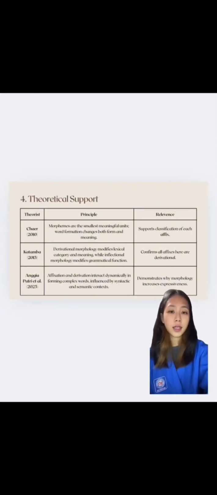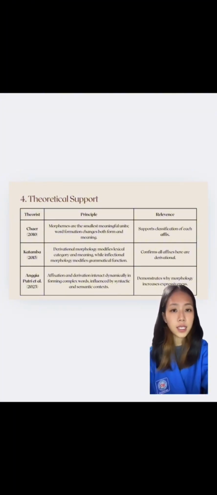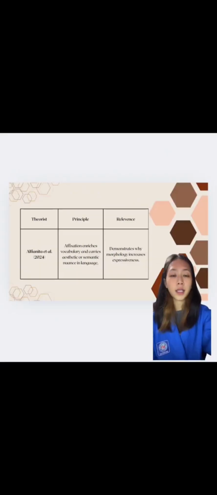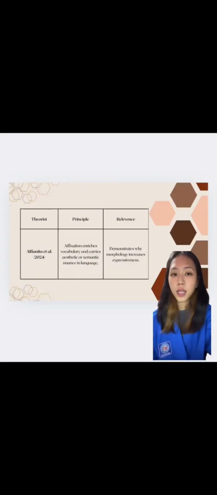So the next slide is number 4, theoretical support. And as you can see, this is the table and many examples, guys. And the next slide, I will explain it in simple points.